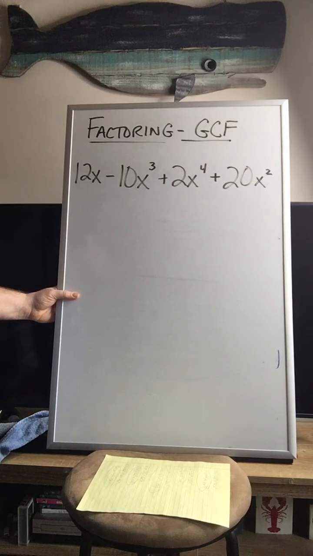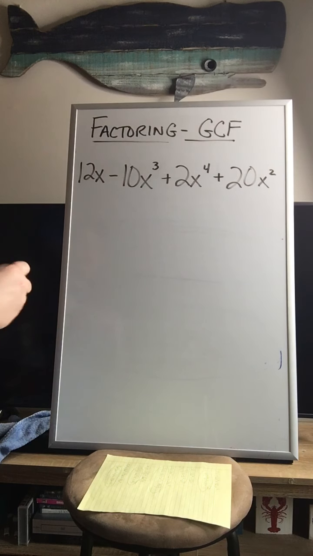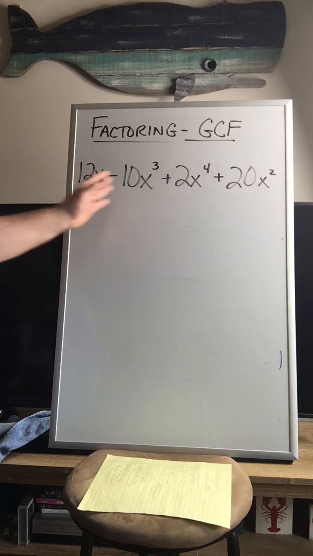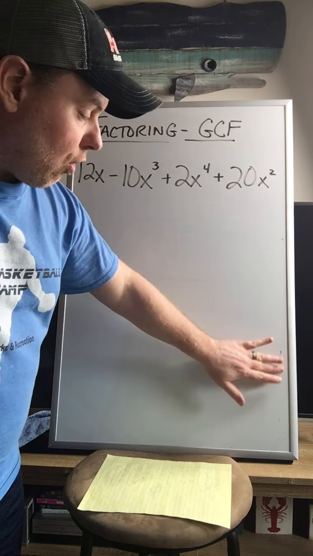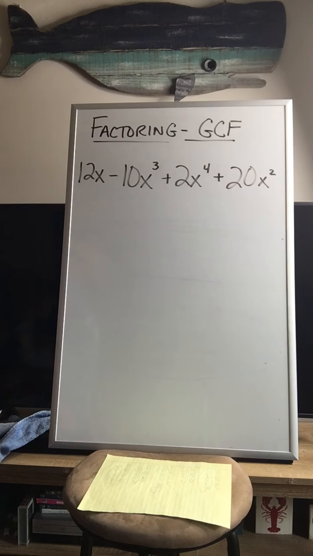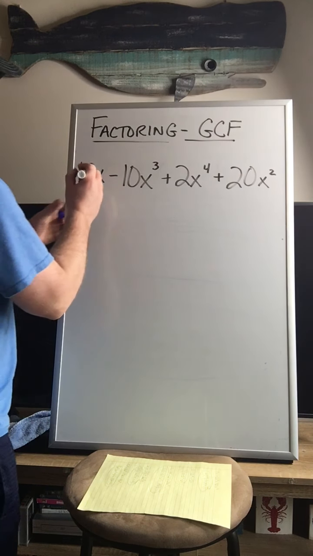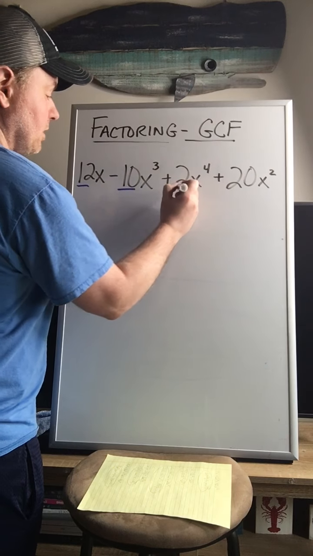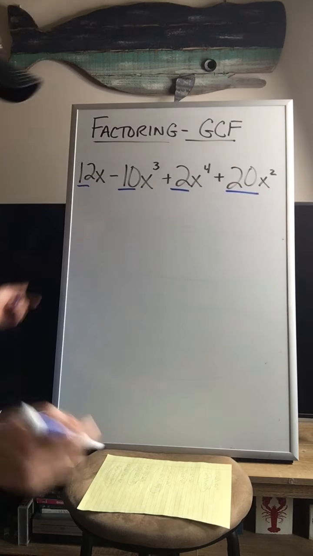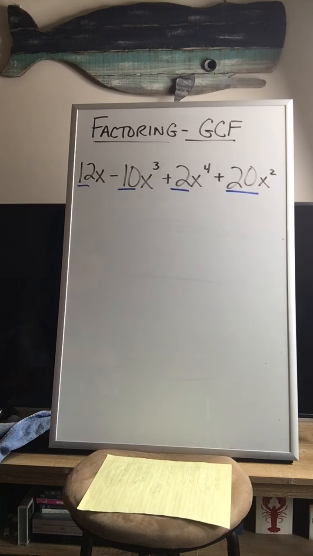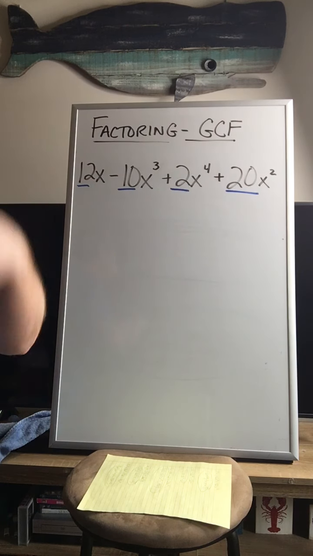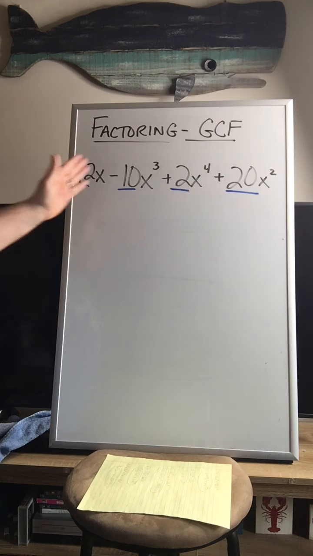Now this polynomial has 4 terms, but that doesn't change anything except for the fact that you just have to make sure that your GCF is something that all 4 terms have in common. So you've got to look at all the numbers, 12, 10, 2, and 20. What's the biggest number that will divide into all 4 of those?